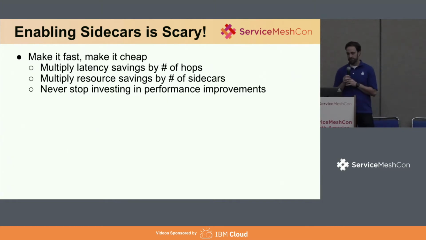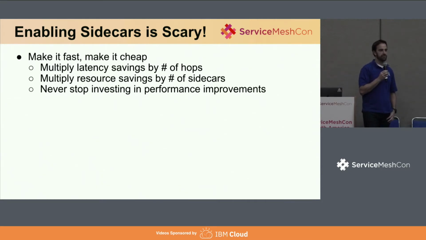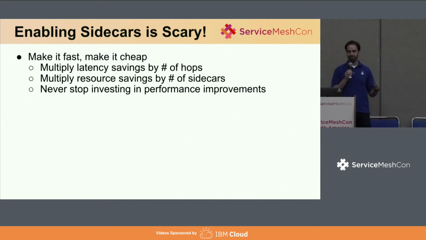So we actually spent a lot of time investing in performance. The performance of Google's internal sidecar is actually orders of magnitude faster than any of the ones you can get externally. We're actually working on changing some of that right now. We're trying to help invest in things like Istio and Envoy and make those sidecars as fast as our internal one, because we want to use it too. But you really have to spend the time, right?